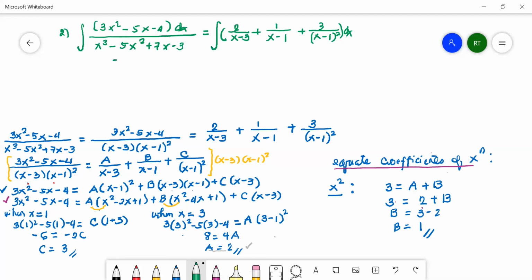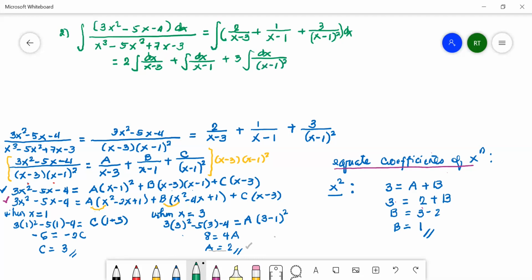Okay, let me go further left here. And if we will express this as sum of integrals, then we will have 2 times the integral of the differential of x over the denominator x minus 3, okay, plus the integral of the differential of x over x minus 1, okay, then plus 3 times the integral of the differential of x over x minus 1 raised to the second power.